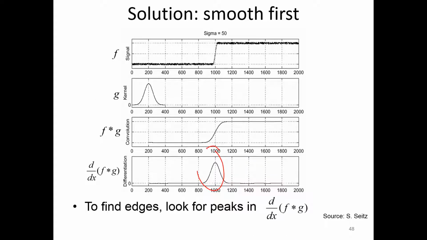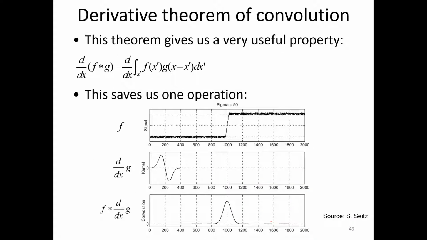So basically, we have an operation like this. What we want is to first convolve with some low pass filter, let's say a Gaussian filter, and then take the derivative. Convolution is either an integral or a summation of the image with the filter.